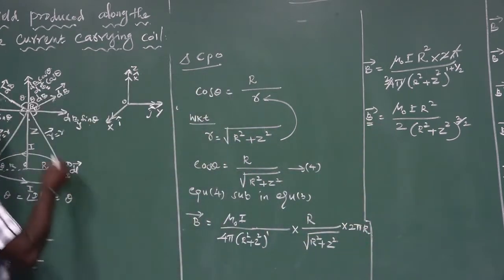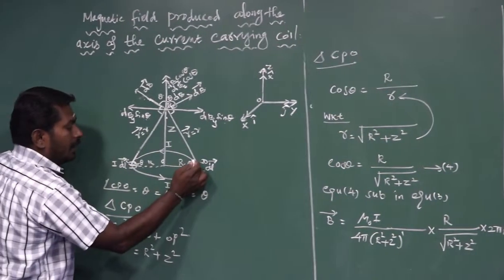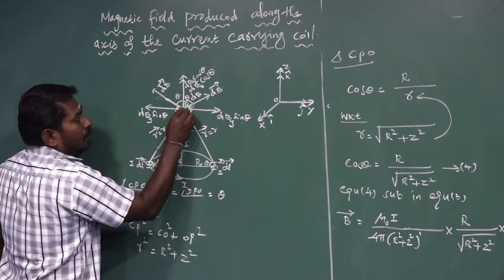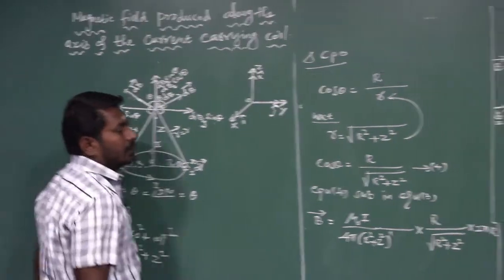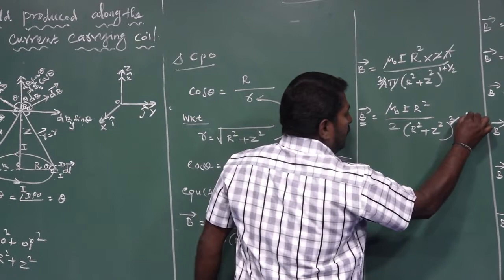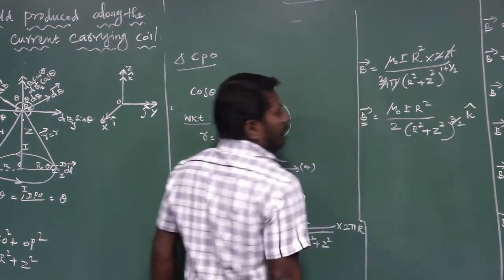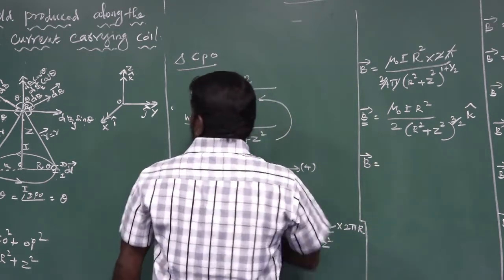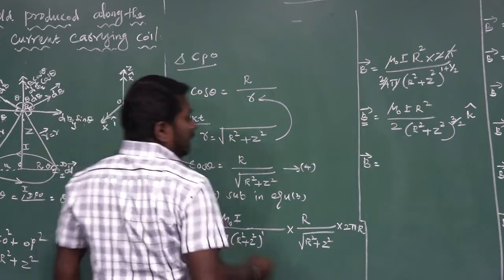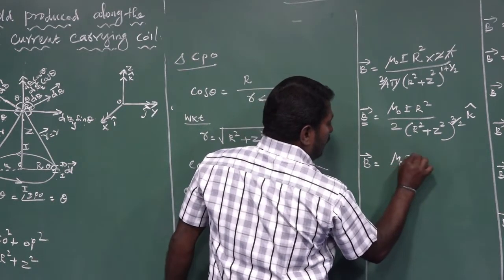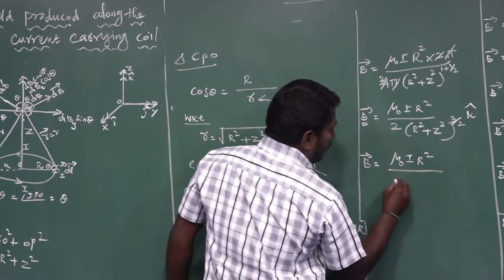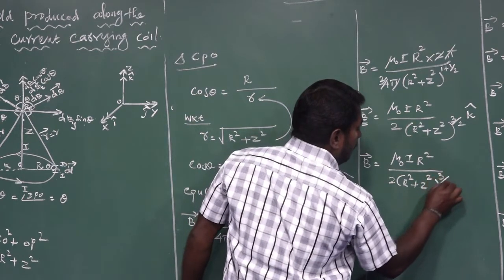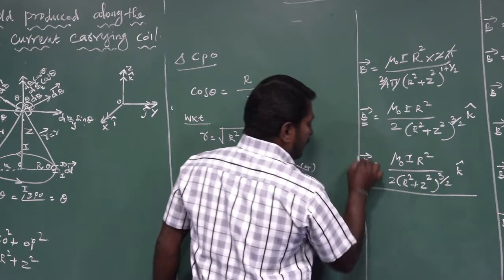The magnetic induction at this point P due to the entire circular coil carrying current acts along the z-axis, which is indicated by the unit vector k cap. So the resultant magnetic induction at this point P is mu naught I R square divided by 2 R square plus Z square whole power 3 by 2 k cap. It is a very important expression.